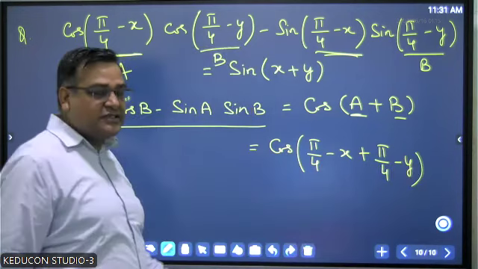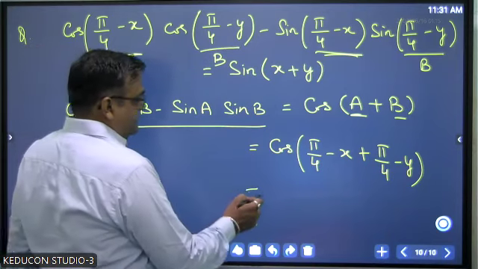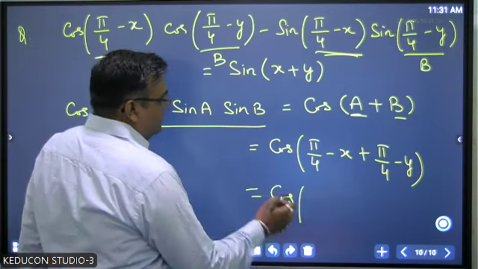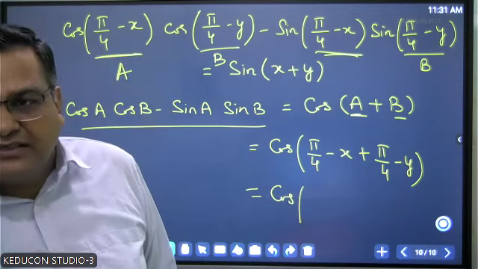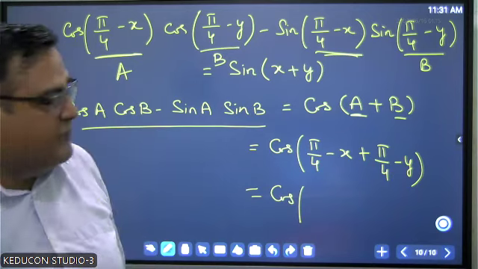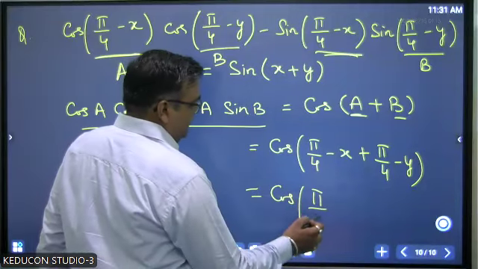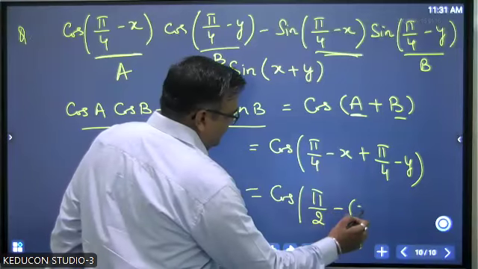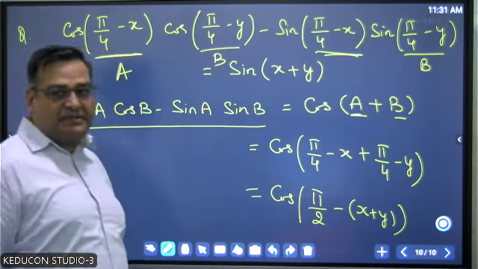Now you solve this. What is this? Pi by 4 plus pi by 4, pi by 4 is 45, 45 plus 45 is 90. So we can write pi by 2 minus, taking minus common, (x plus y).